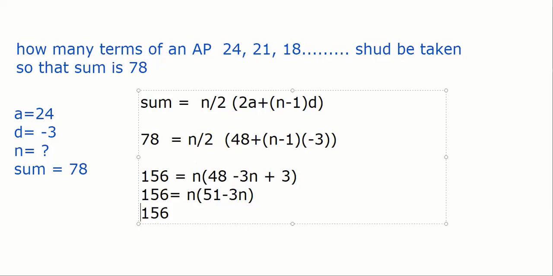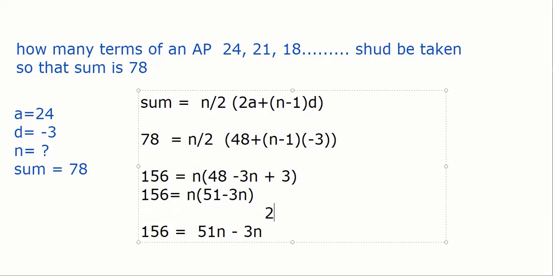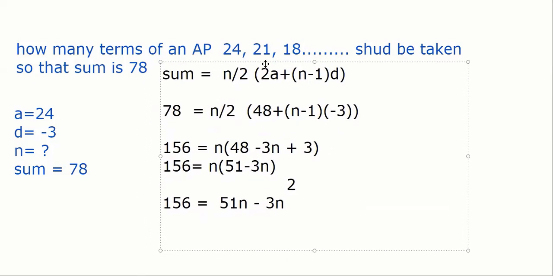So then it will become 51n minus 3n square. If I take 3 common from here, it becomes simpler. If I divide by 3, 3 5s are 15, 3 2s are 6, so 52 equals 17n minus n square.